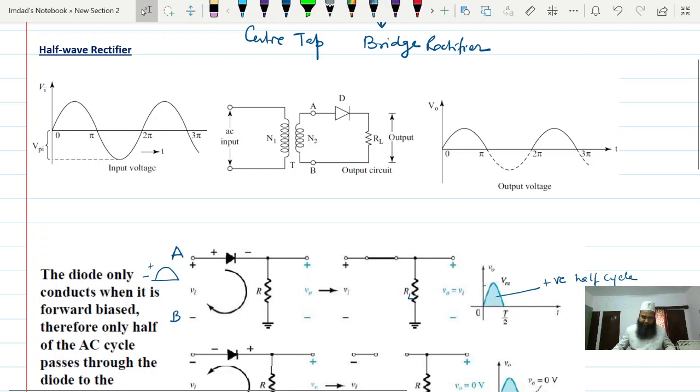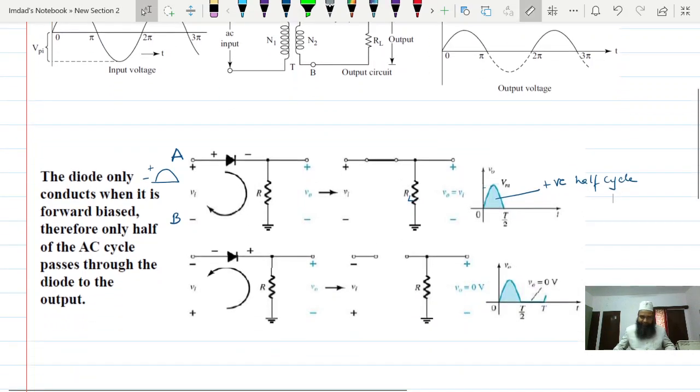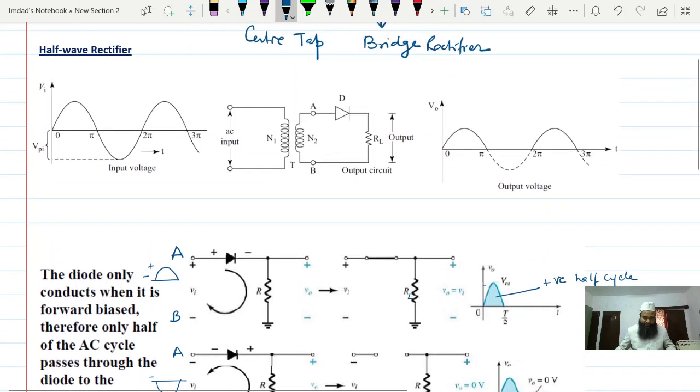Okay, and during the negative half cycle, the curve like that will appear. This is negative and this is positive. Hence, point A will be negative and point B will be positive in this circuit.